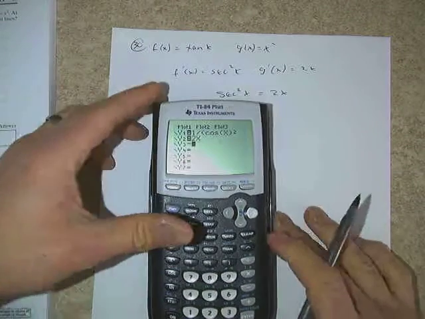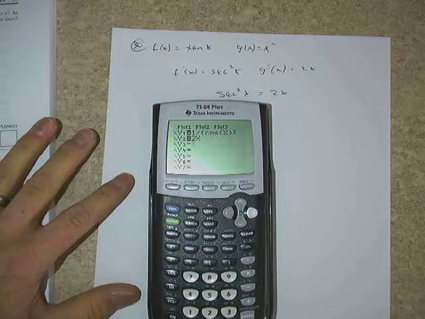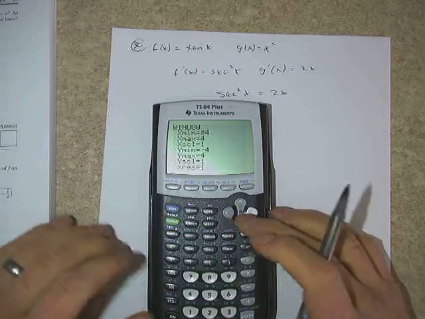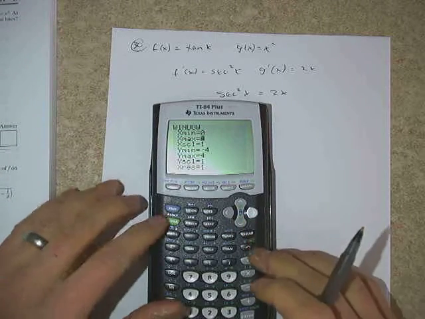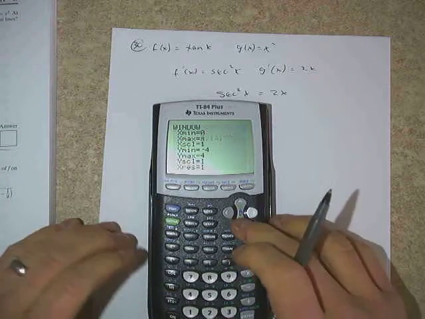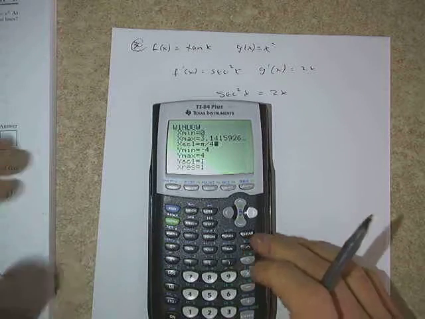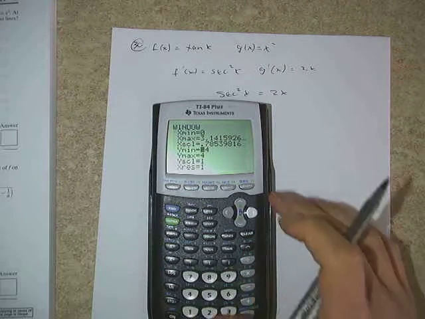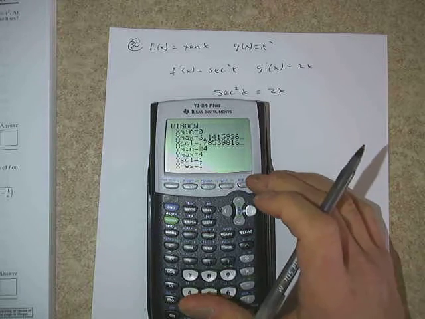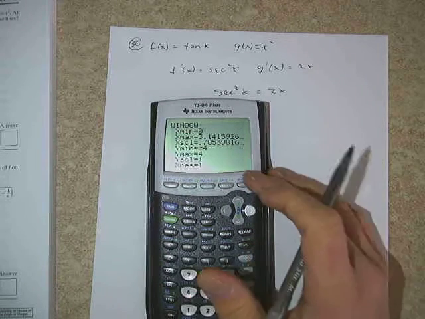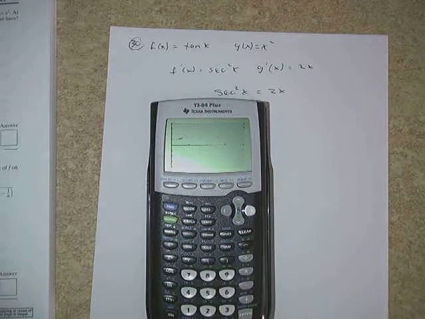I don't know. You can call TI and see if you can lobby for that. Window wise, we go from 0 to pi was the window we're after, right? You don't really need to change the scale necessarily here, I guess, but I will just for argument's sake. And let's see what happens. I got -4 to 4 on the y window. Hopefully that'll be good, but we'll see what happens here.